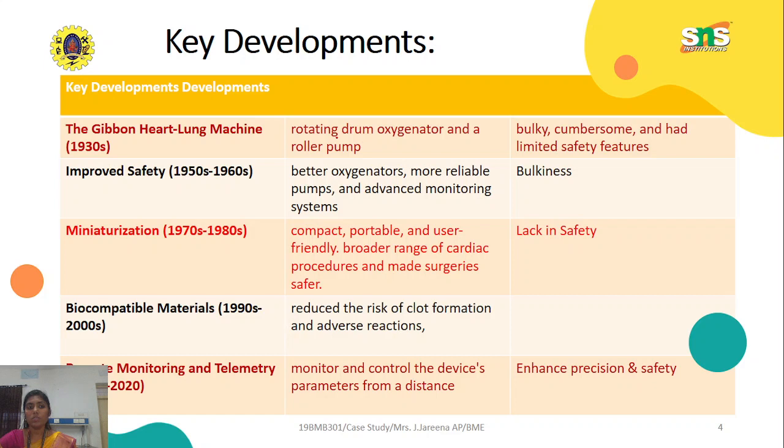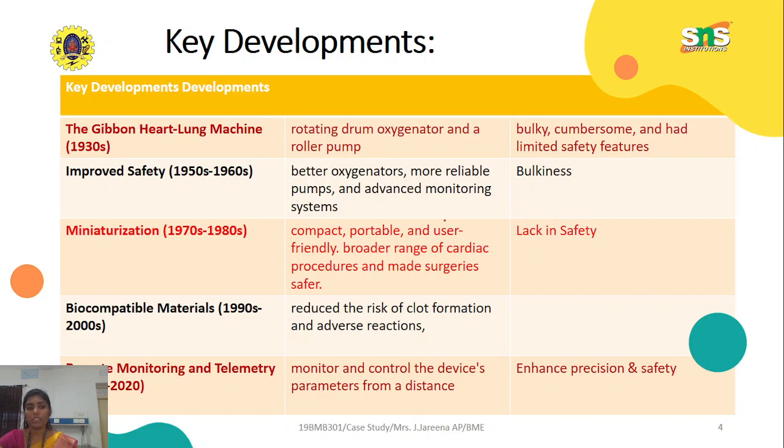To address this, many scientists came together over the years 1950 to 1960, and they focused mainly on improving the safety of the patient and of the machine. They brought up the heart lung machine again with enhanced oxygenators, more reliable pumps and advanced monitoring systems. They were still focused only on safety, and the machines were still large in size.